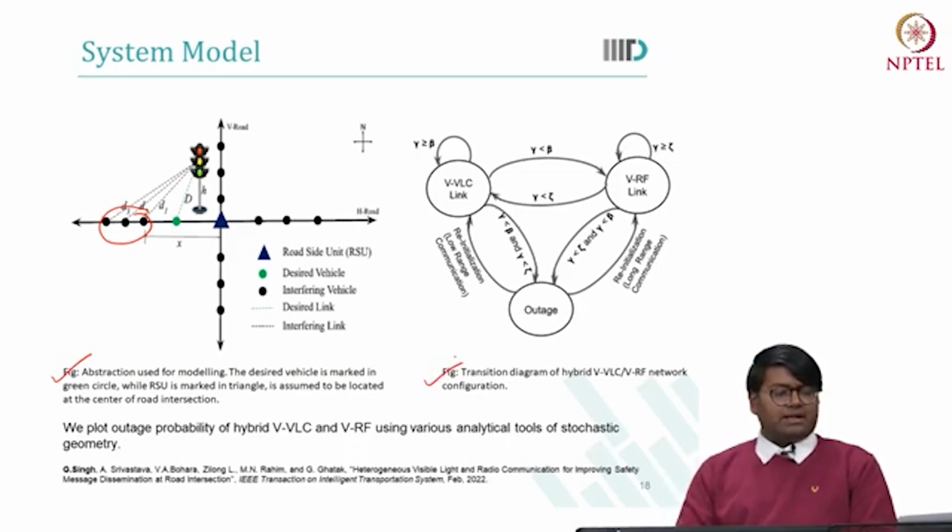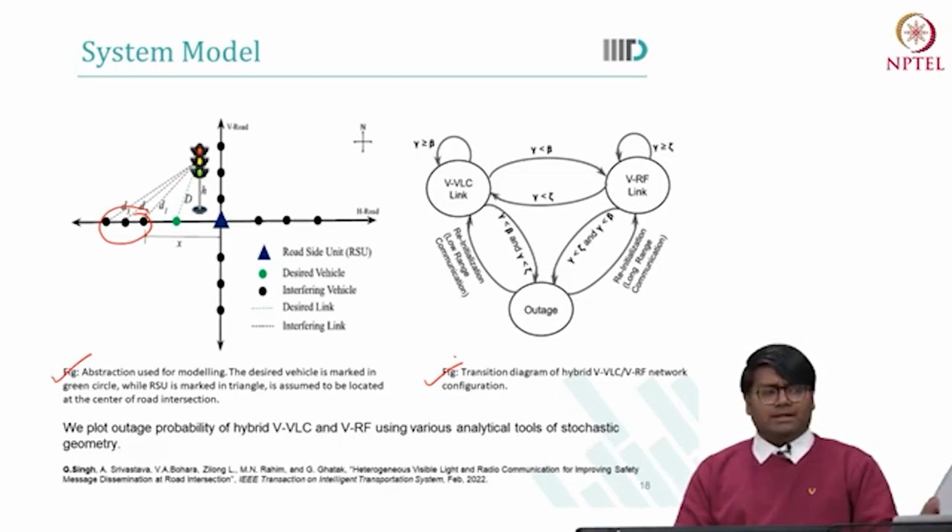Figure 4 shows the transition diagram of a hard switching based hybrid vehicular VLC, vehicular RF network configuration. An outage occurs when both vehicular VLC and vehicular RF fall into an outage.